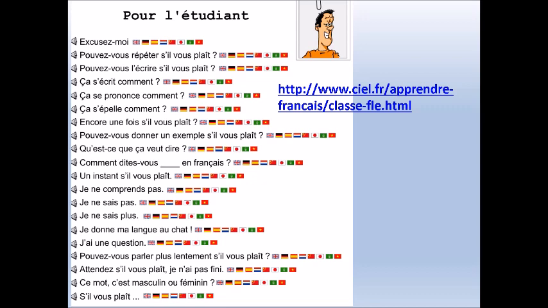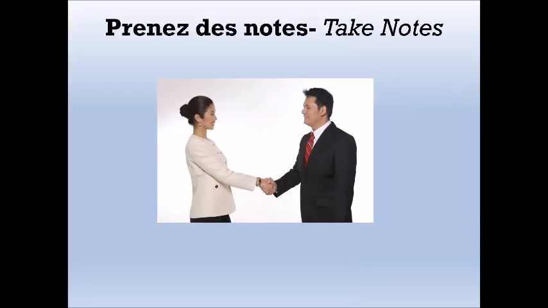This is a very good website for you to learn simple phrases to help you understand French. Please understand that this is a lot of French to learn in a very short period of time. If you pick up even 4 or 5 of these phrases, well, guess what? You're well on your way to learning French, or the first basic step of learning French, and you can only build from there, certainly.